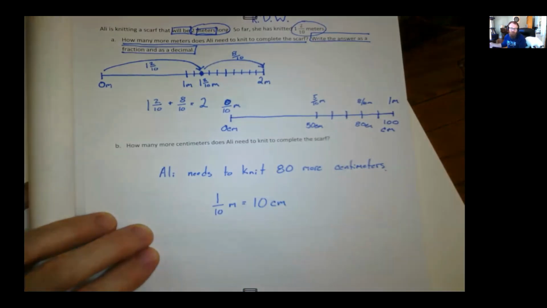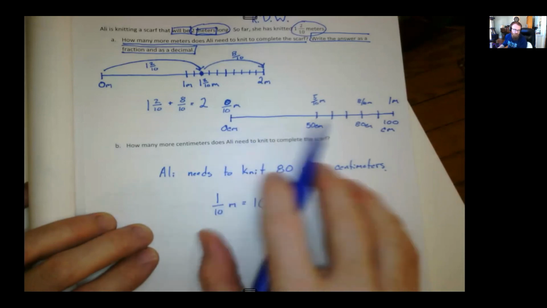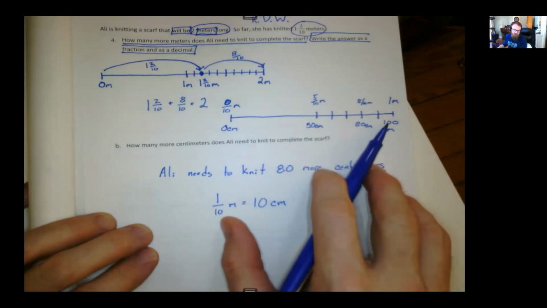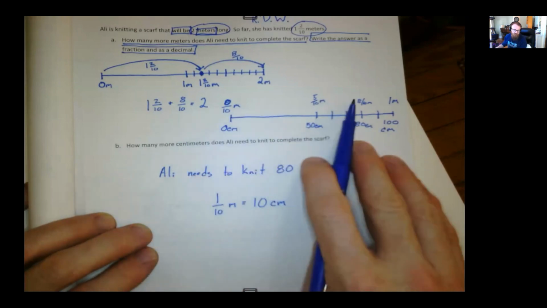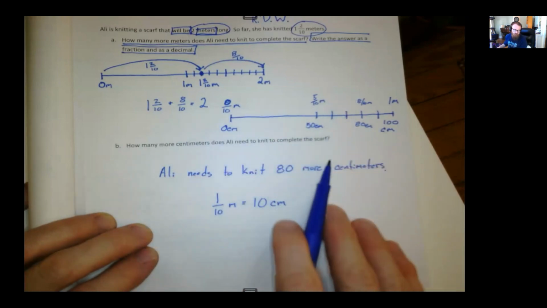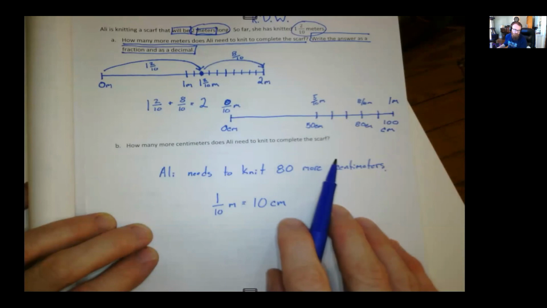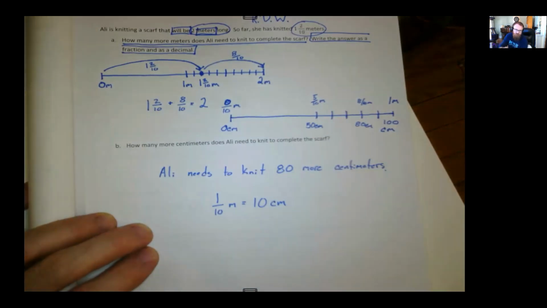What we're going to talk about today is when we're talking about tenths, we can use the metric system to recognize that 1 meter is the same as 100 centimeters. Copy this number line down now. I'm going to give everybody some time since I already have it written down.